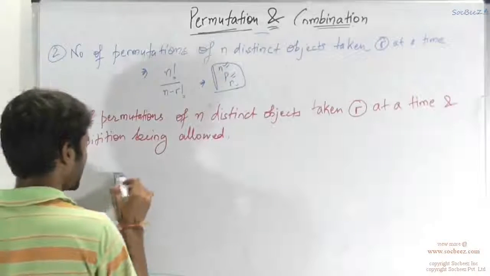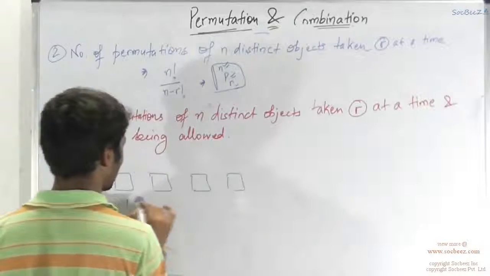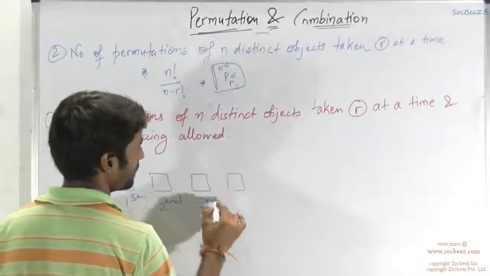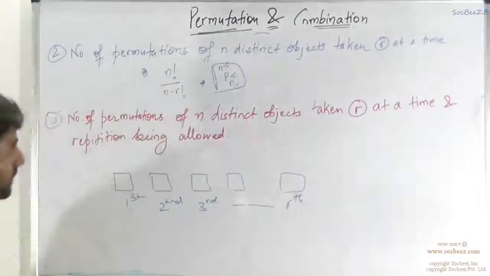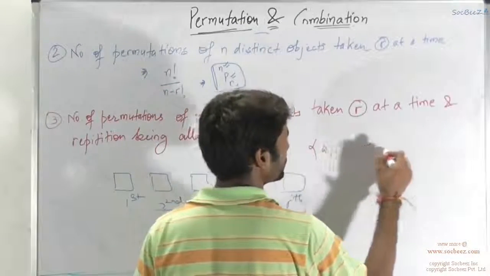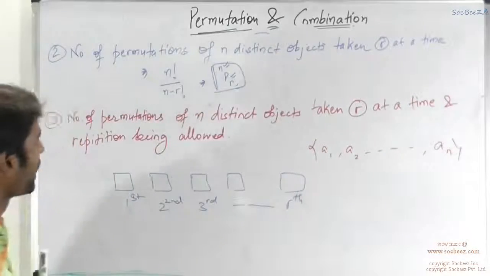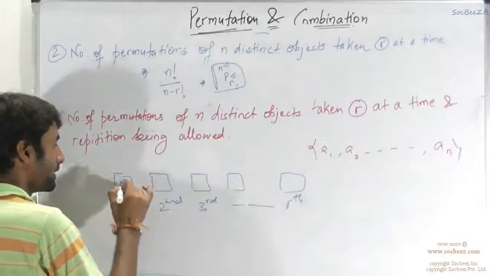You have these r positions which you have to fill: first, second, third, and this continues to the rth position. And you have the set A1, A2, till An. So for the first position you have obviously n choices because you can choose any of these n numbers.